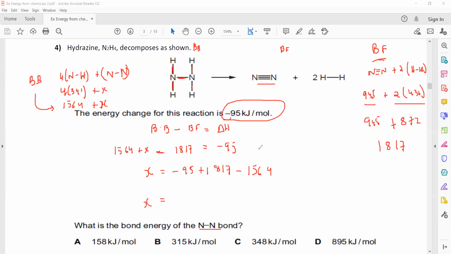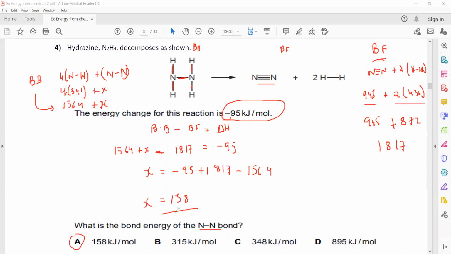What is the final answer when you solve this? 158. So 158, so A is the right answer.